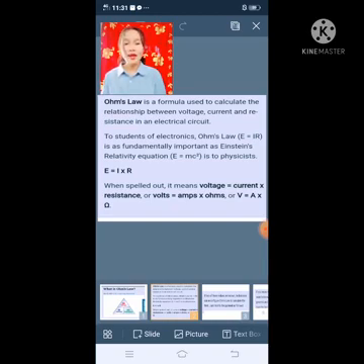That is, E is equal to I times R. So, when we spell it out, it means voltage is equal to current times resistance, or volts is equal to amps times ohms, or V is equal to A times ohms, or the Greek letter omega.